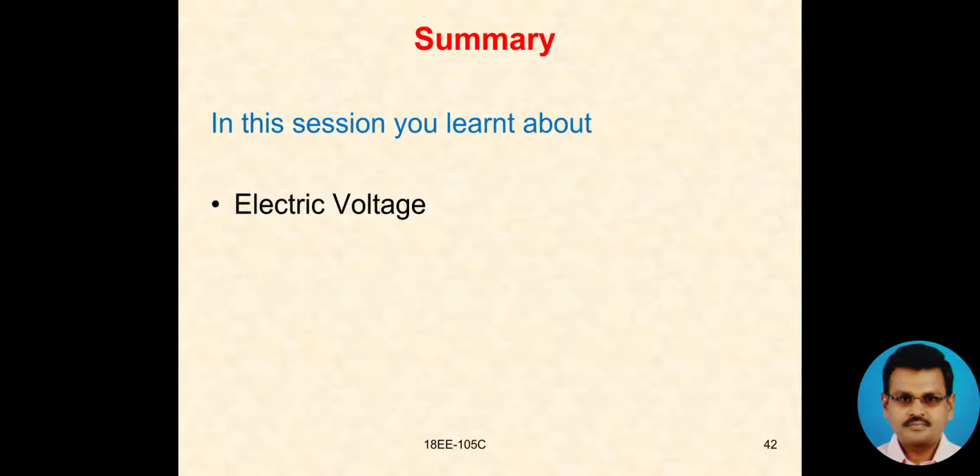We also discussed the electrical voltage and electrical current, the conventional direction of the current, the electron direction of the current, and also the resistance. Resistance is very important, where the resistance is the property of the material by which it opposes the flow of current through it.